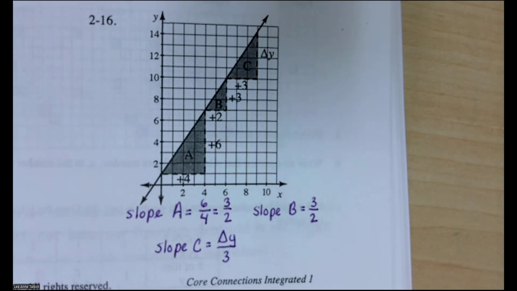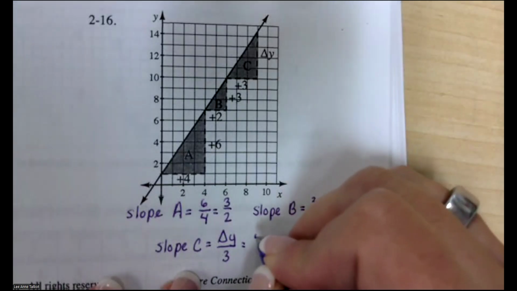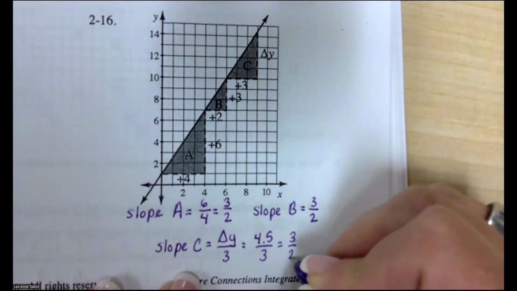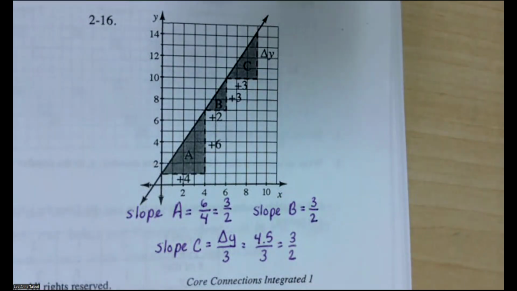You guys notice that this is 1.5 and this is 1.5. So how do I make this 1.5? Make it 4.5. And you can kind of count the boxes. The point of this problem is to show you that it doesn't matter where you put your triangle, as long as you reduce, you're going to get the same answer every single time, because it's a line and they increase the same each time.